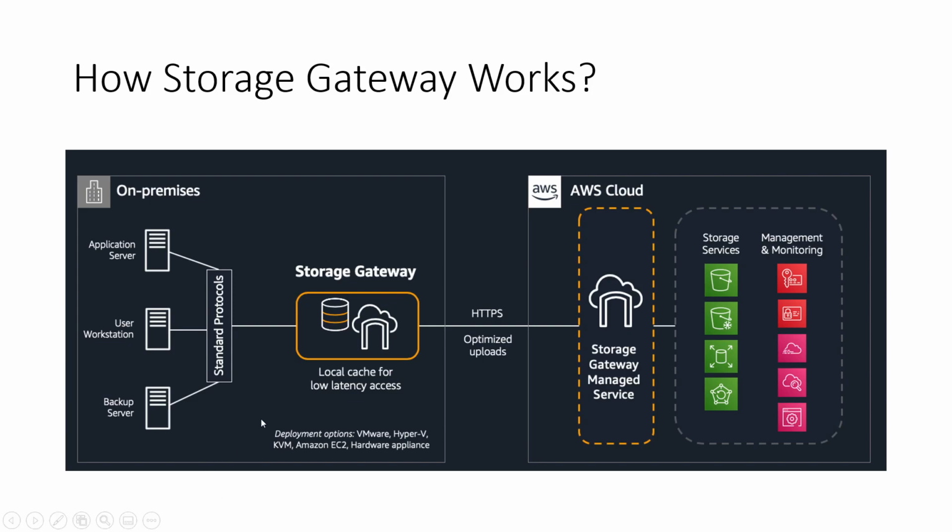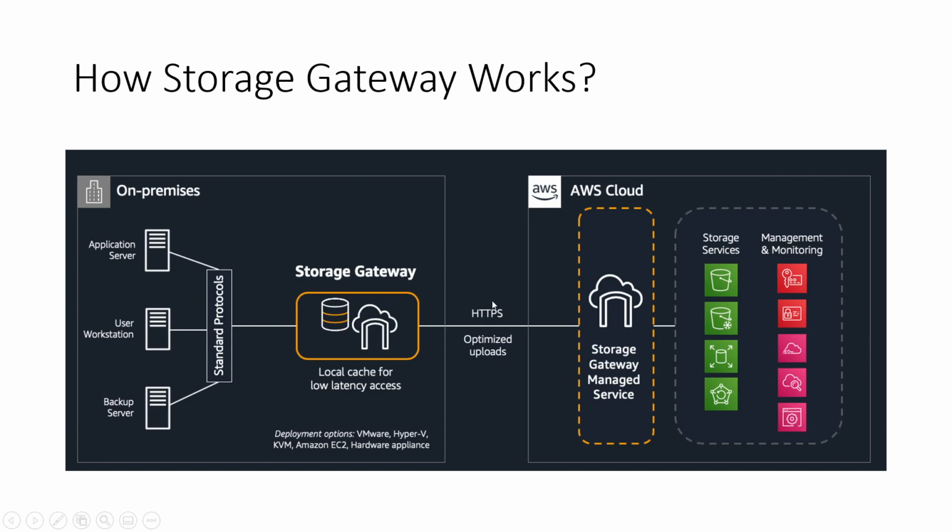Okay, so the connection is HTTPS, optimized uploads. All right, and this is my AWS. Here starts the AWS infrastructure. So as you can see, we have storage gateway managed service, which connects to different services for storage, like Amazon S3, EBS, and for management and monitoring, we have CloudWatch.